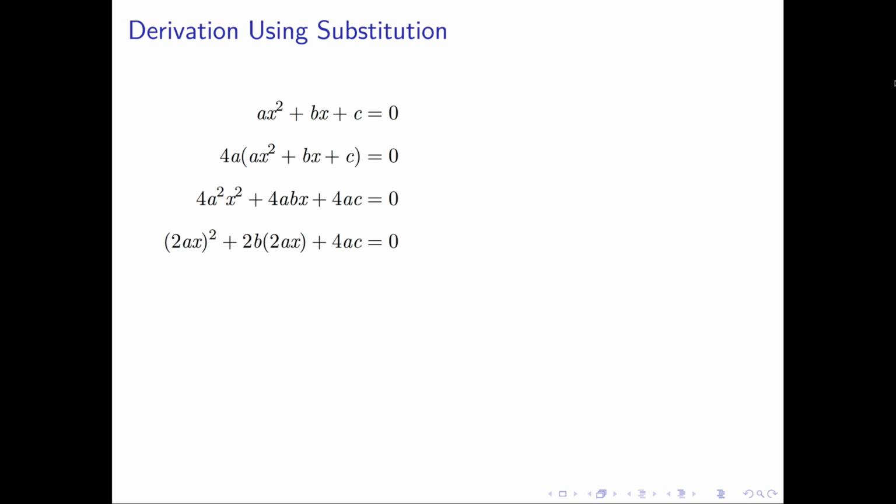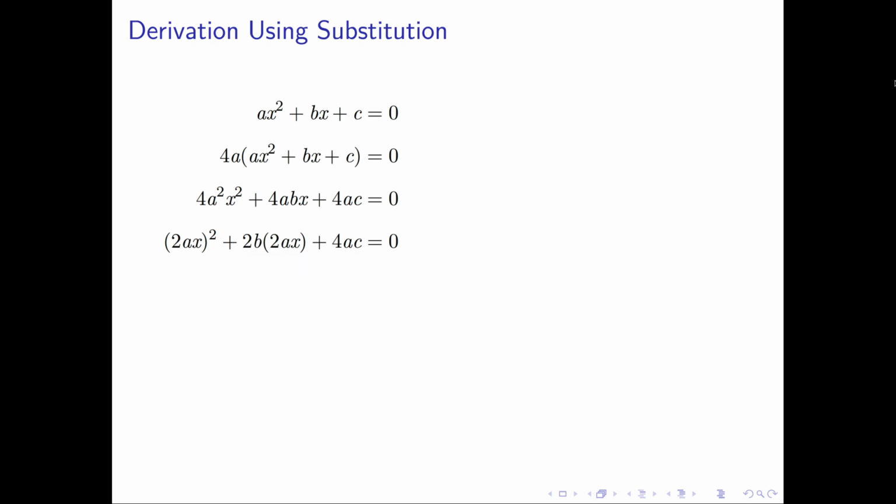So first of all, 4a squared x squared is equal to 2ax squared. And if we rearrange the pieces of the middle term 4abx, we can see that that is equal to 2b times the same 2ax, and then plus 4ac equals 0.